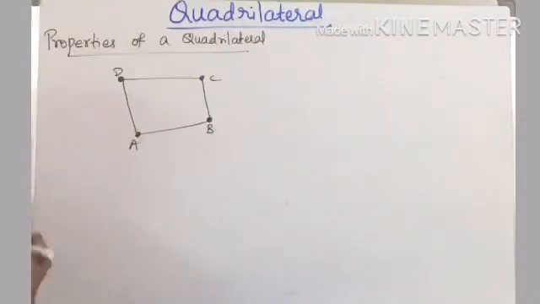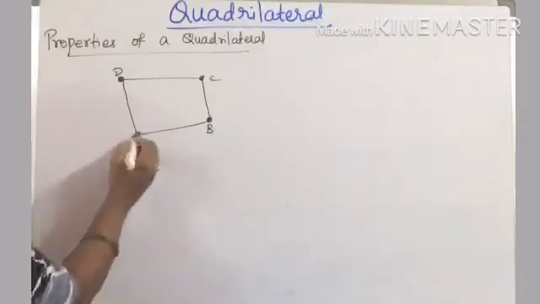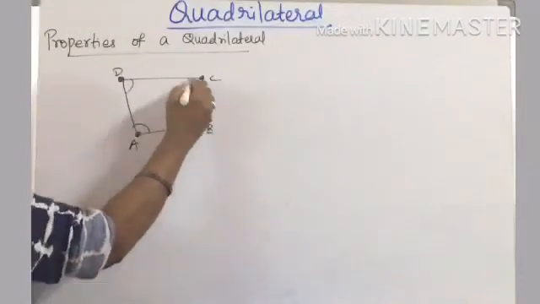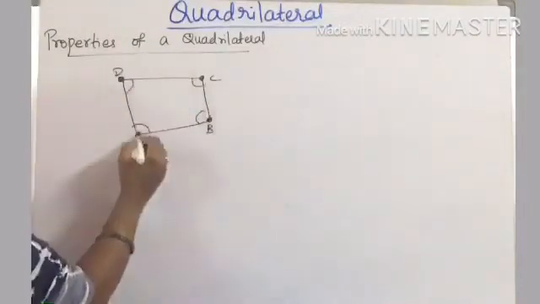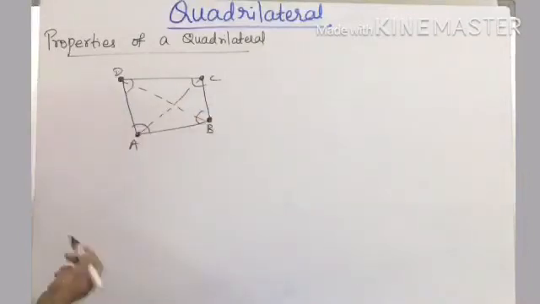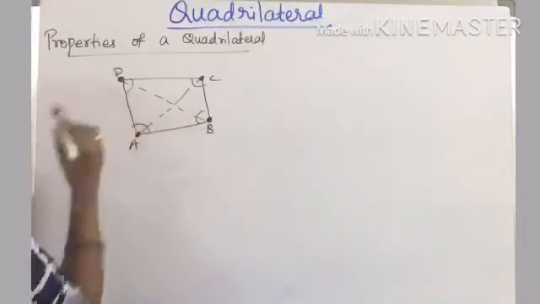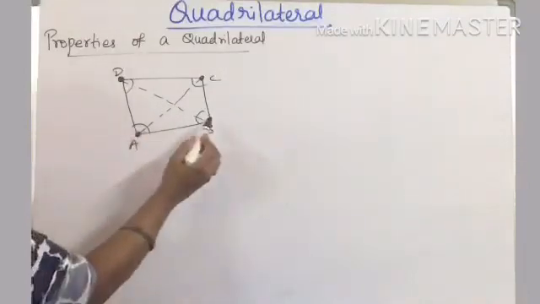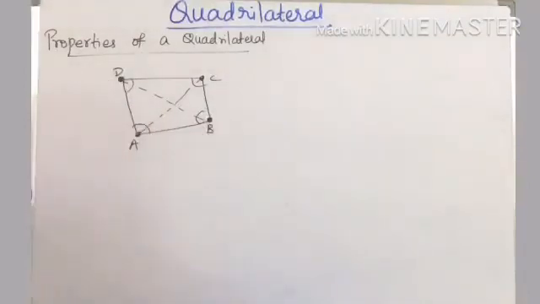What are vertices? Corners, okay? So it has four vertices, four angles and four sides, and these are the two diagonals. What is a diagonal? The line segment joining the opposite vertices is called a diagonal. So a quadrilateral has four vertices, four angles, four sides and two diagonals, okay?